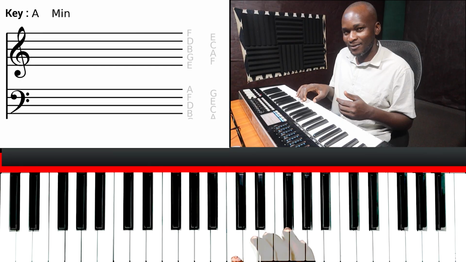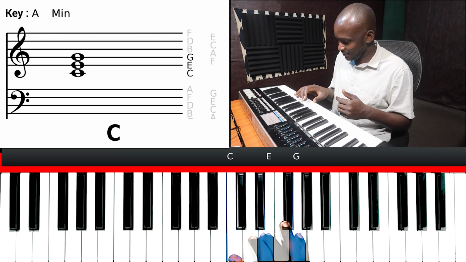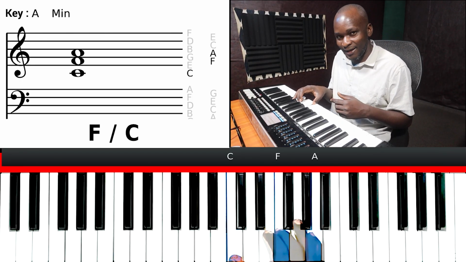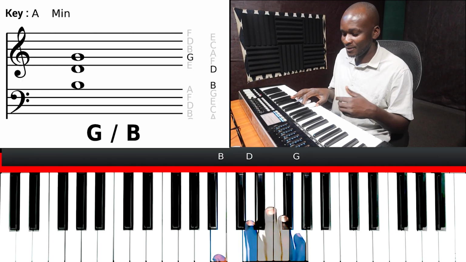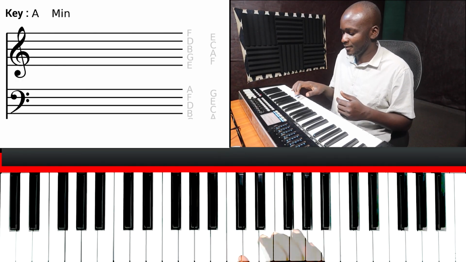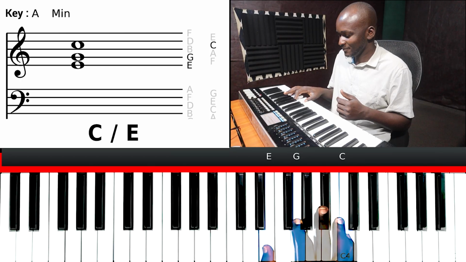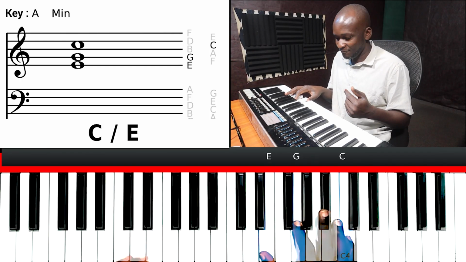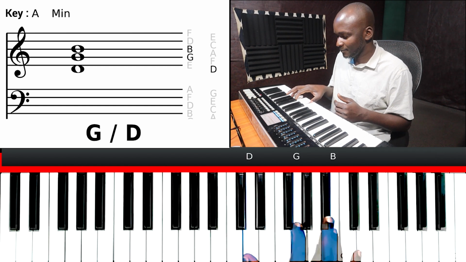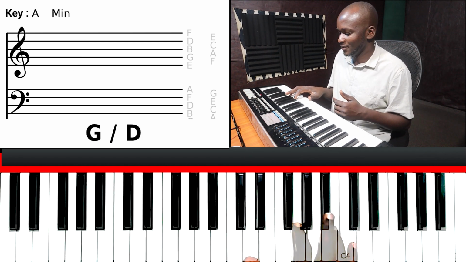Let's go. Root for the C, second for the F, root for the C, second for the G, first for the C, root for the F, first for the C major, G, I'm having a second one.